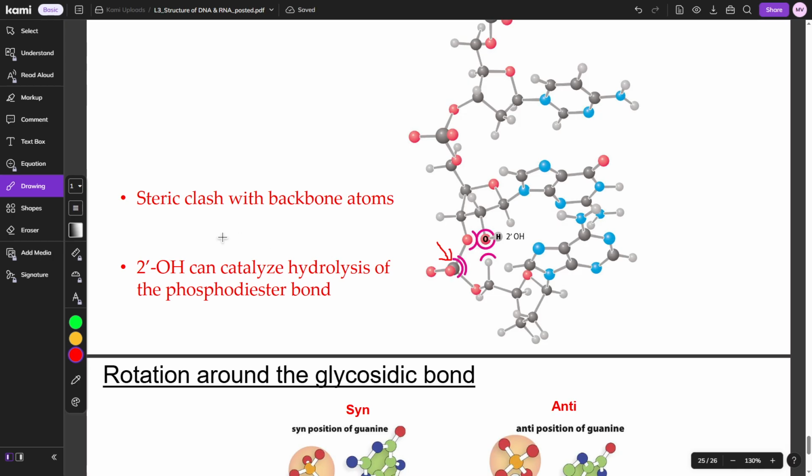And so what ends up happening is that 2' OH actually causes a self-cleavage reaction, where this OH attacks this here and breaks this off, and you end up with an RNA that catalyzes the hydrolysis of itself.